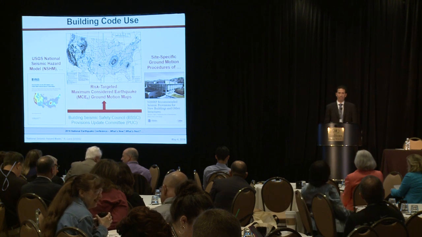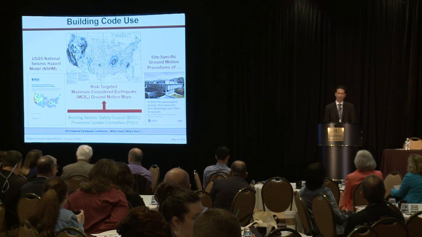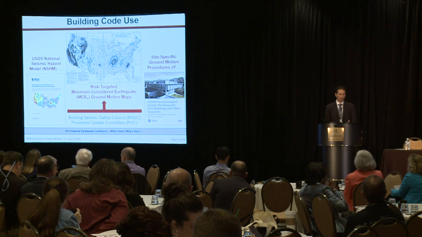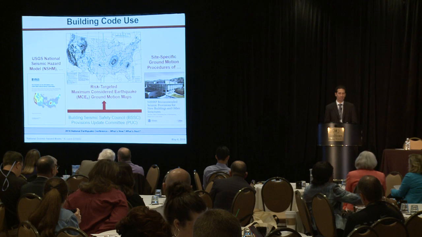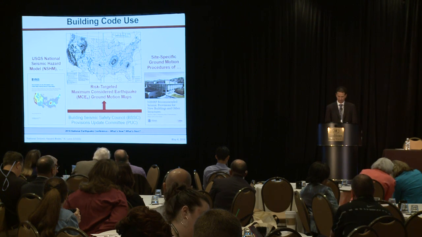And so that combination of efforts ultimately leads to the ground motion maps that we have in our building codes now and that are being updated for the impending building codes, and they're called the risk-targeted maximum considered earthquake ground motion maps. Right.